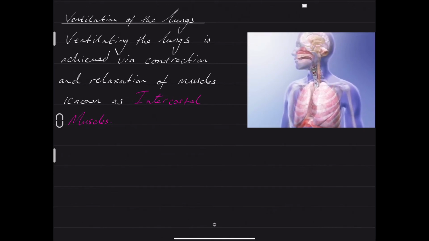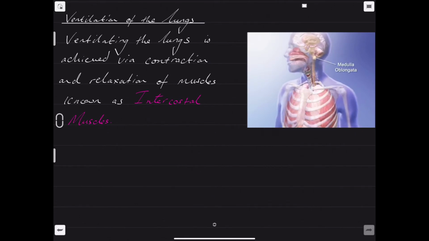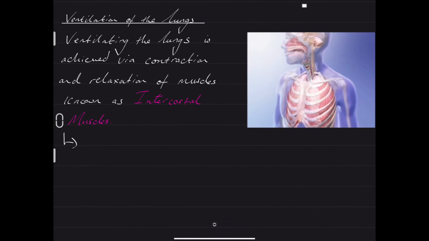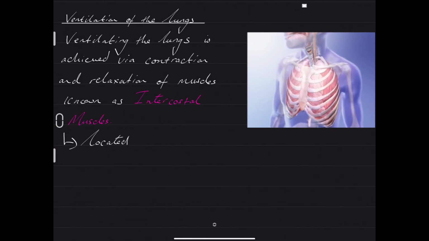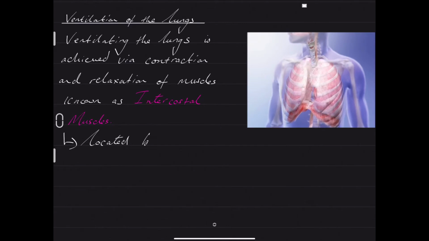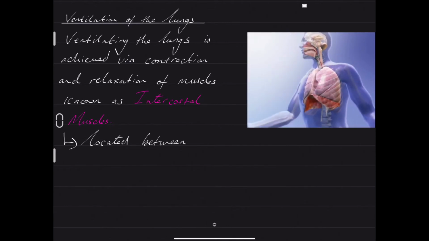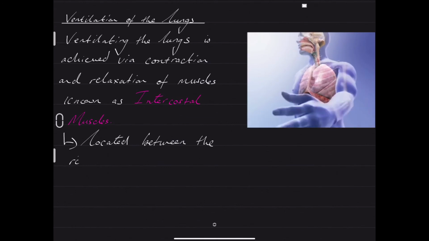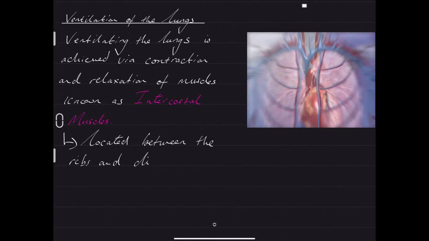So these intercostal muscles are found located between the ribs and diaphragm.